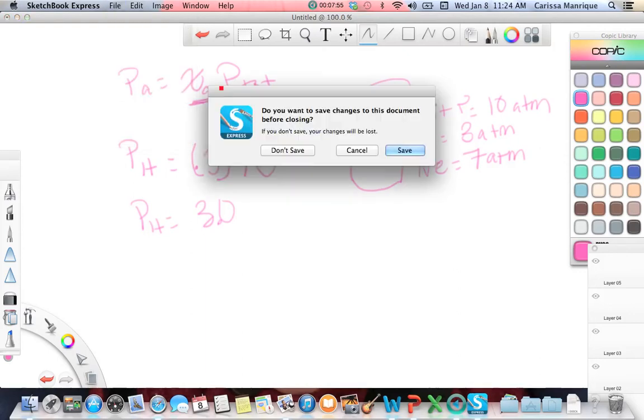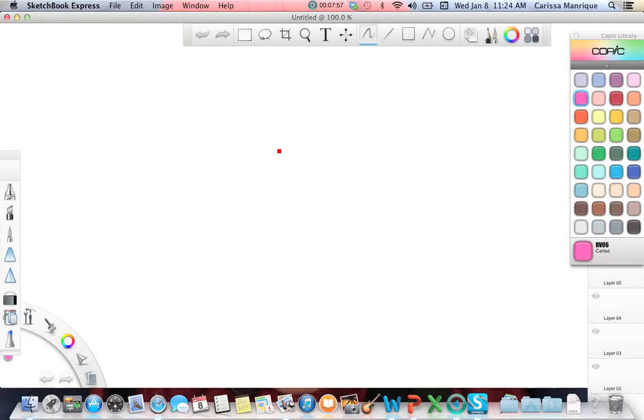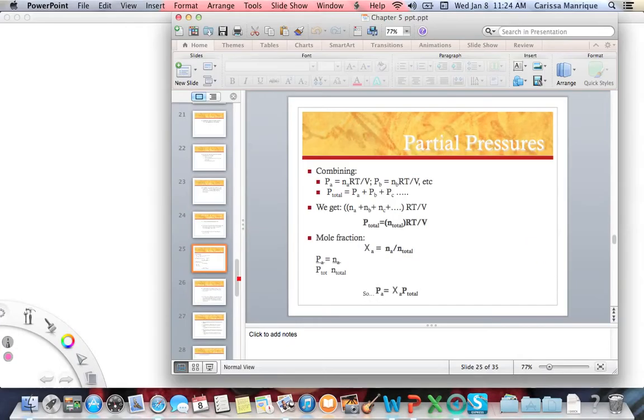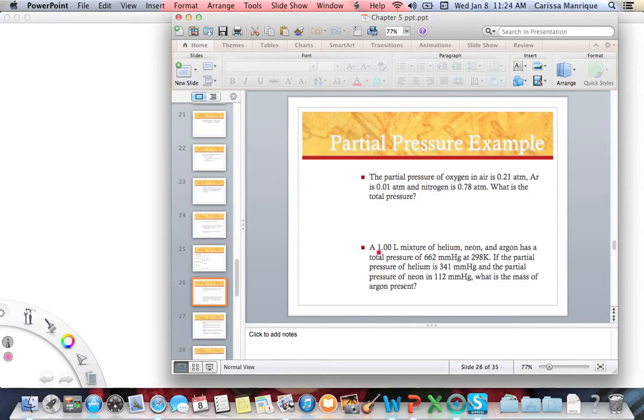Okay, so we're about to do this kind of long, hairy problem, but we can do it. Let's really think about what we're doing here. This problem here is easy. It says the partial pressure of oxygen in air is 0.21 atmospheres. So oxygen is 0.21 atmospheres, argon is 0.01 atmospheres, and nitrogen is 0.78.